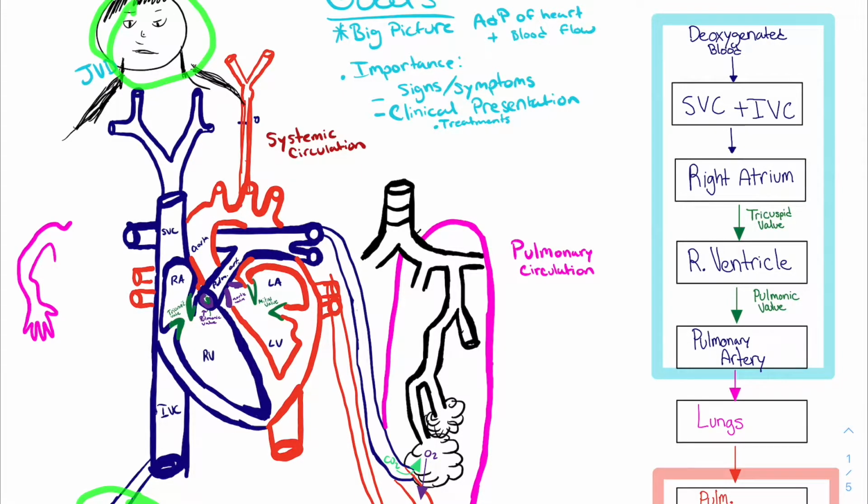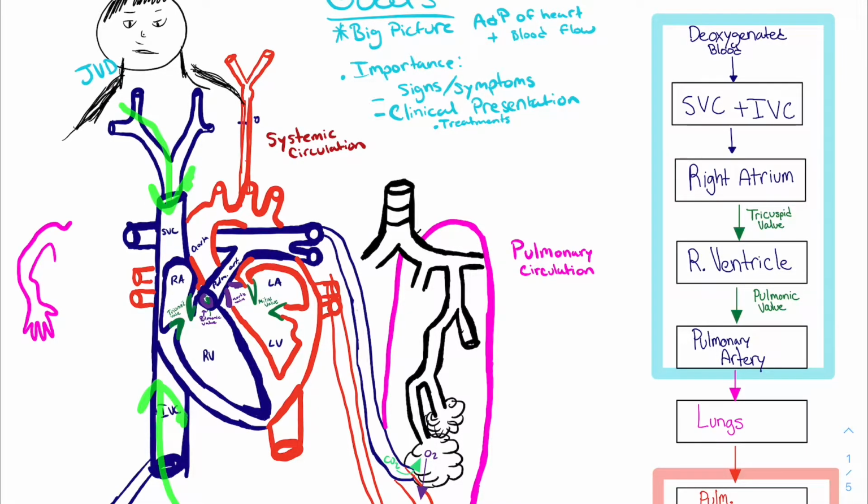So deoxygenated blood is flowing from the veins to the heart, and they're going to flow into the superior vena cava if they're coming from the superior portion of the body, or essentially anything above the heart is going to drain into the superior vena cava. So think superior vena cava above the heart, and then anything below the heart, all of those veins are going to drain into the inferior vena cava.